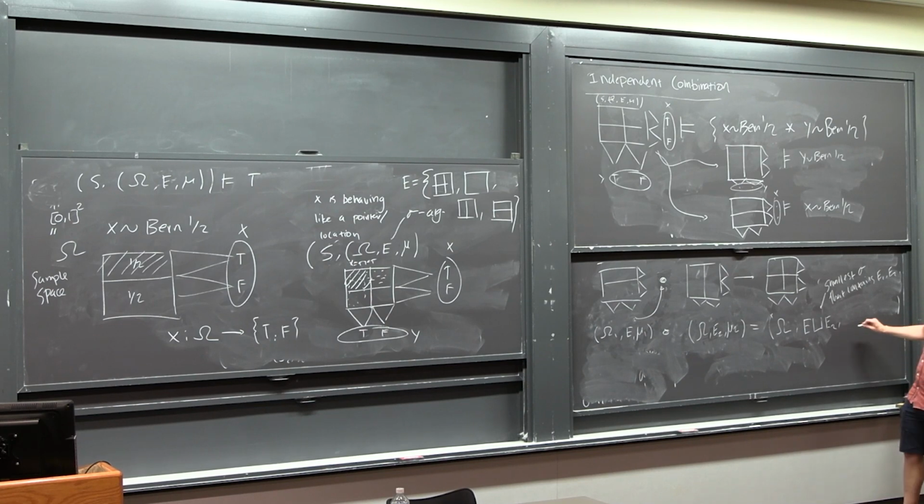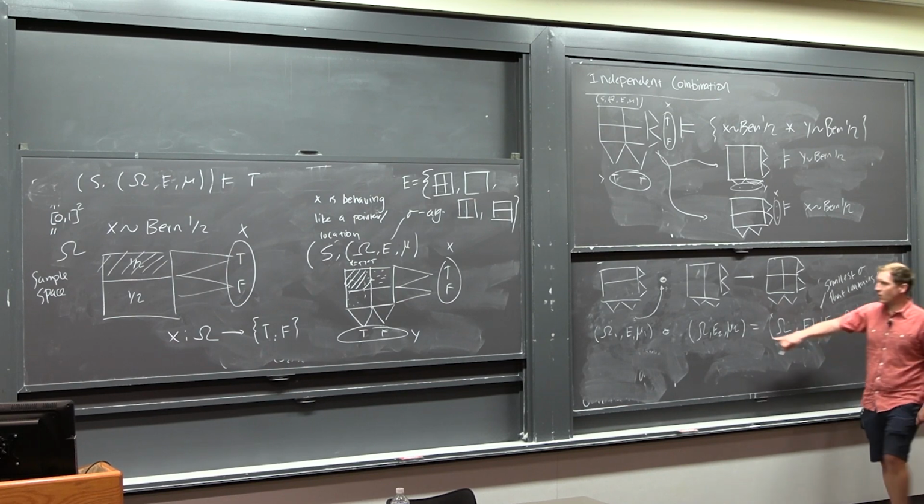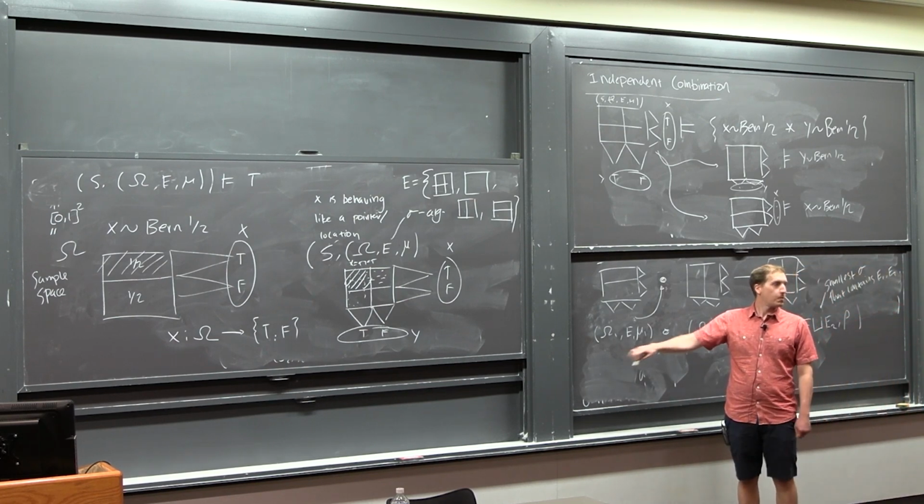And then what do we have here? We're going to have this probability measure rho, and rho needs to behave nicely, right? It needs to factorize according to the structure that we had over here, right?